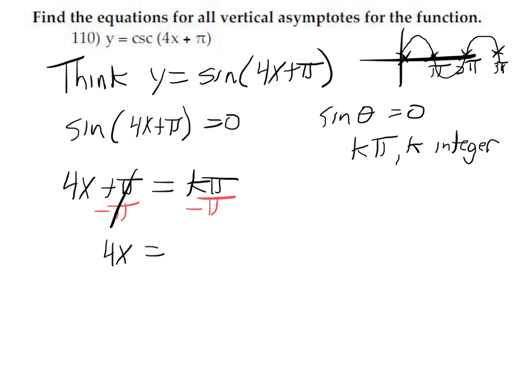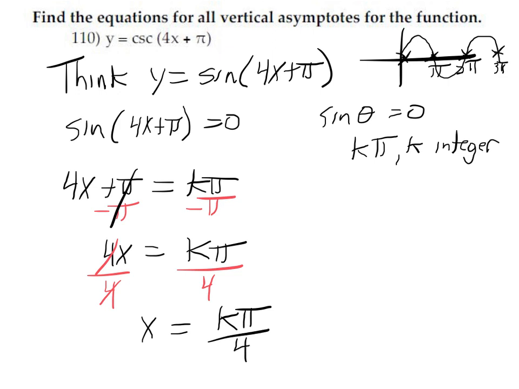Now the right side, k pi minus pi. K pi is any kind of pi. Let's say k was 5. Then it would be 5 pi minus pi, which is 4 pi. But 4 pi is just another k pi. So k pi minus pi is still some unknown k pi. Divided by 4. We have x equals k pi fourths.